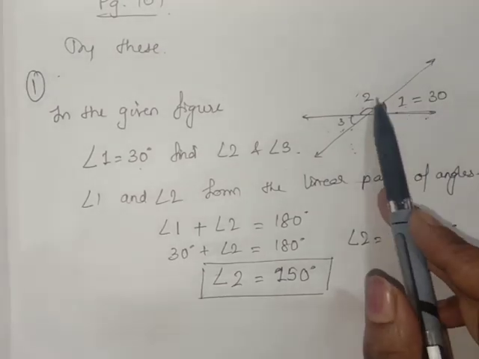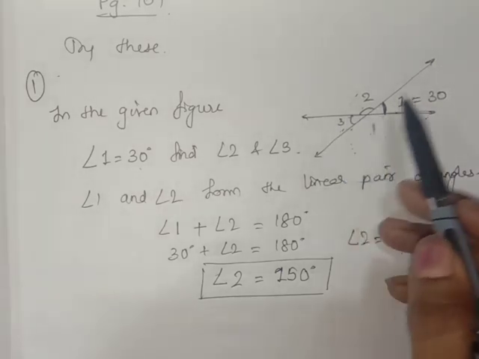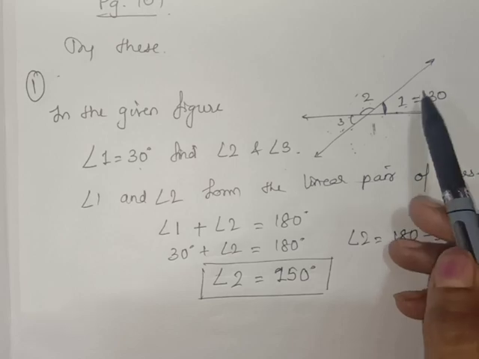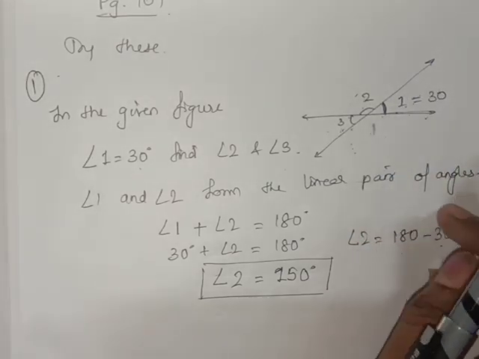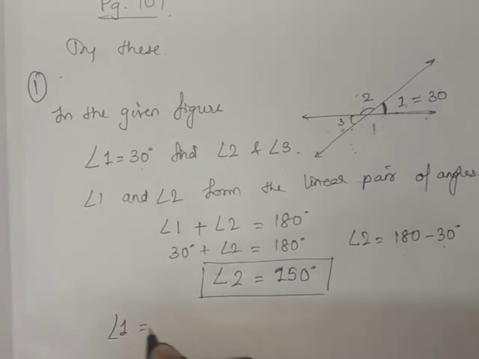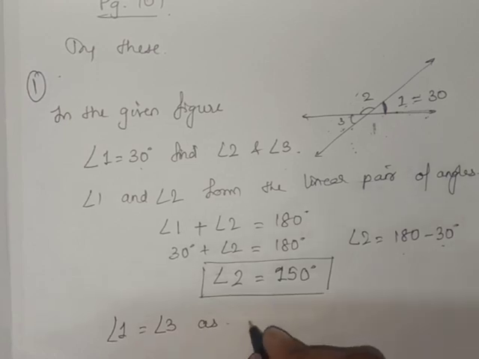Now as we have already got 150, opposite angles are always equal. Opposite angles are equal, that we know. So angle 1 is equal to angle 3 as they are vertically opposite.